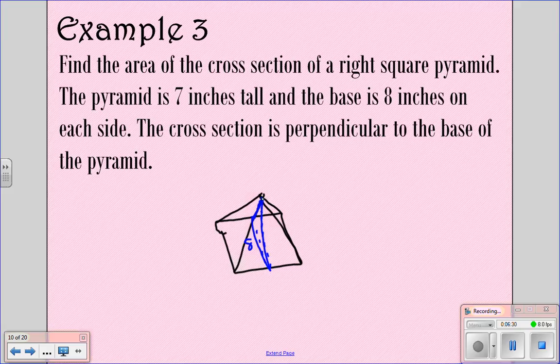Now if you look at this part here, I can draw my triangle from the center up, and then that's my slant height, and then that's half of the length of the base, so that side's 4. The height of the pyramid is 7, and so to find this slant height here, we're going to use Pythagorean theorem.